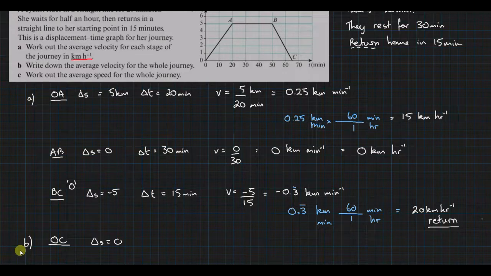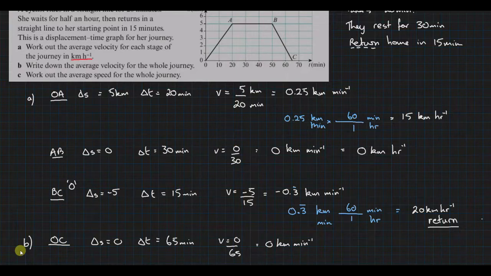We haven't gone anywhere, we've gone there and come back. Delta T is equal to 15 kilometers is 65 minutes. So the velocity is 0 over 65, which equals 0 kilometers per minute, average.